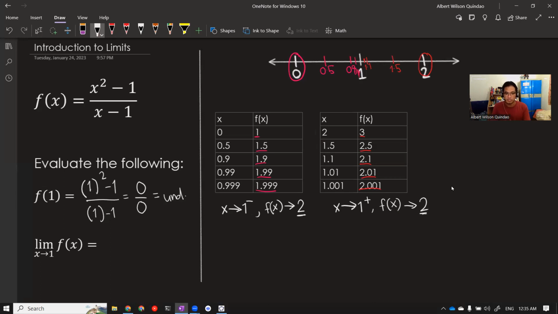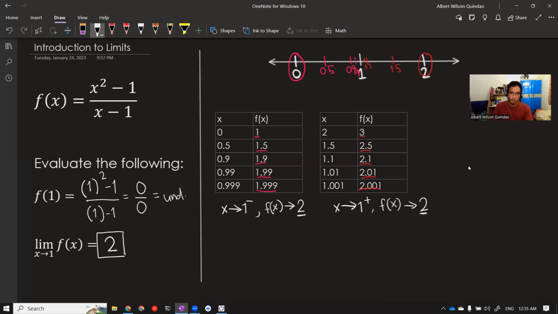Then in that case, we can say that the limit of f of x as x approaches 1 is equal to 2. Okay, so ito yung number na nilalapitan ni f of x habang si x ay papalapit kay number 1. Okay, so ang tawag dito ay determining the limit or estimating the limit using table of values.